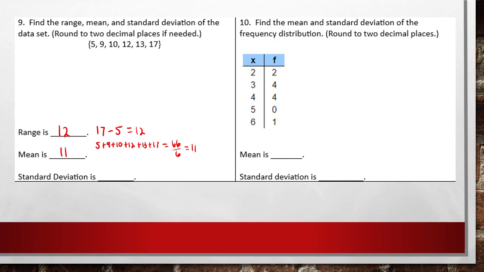Now, we learned a very complicated way to find our standard deviation. Remember you can also use your calculator to find the standard deviation. I'm not going to show you the calculator stuff, but here is how you can find it.